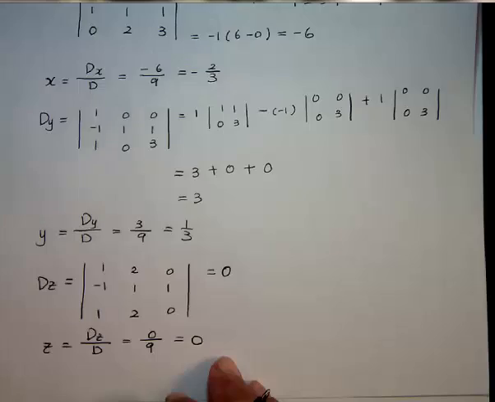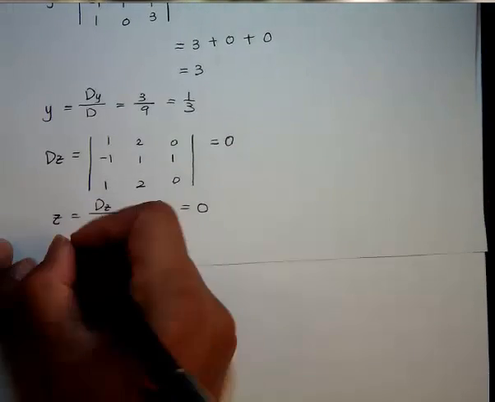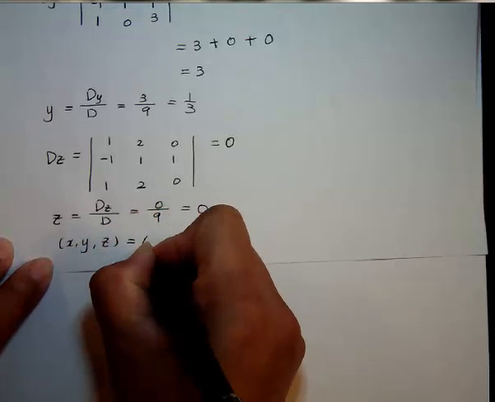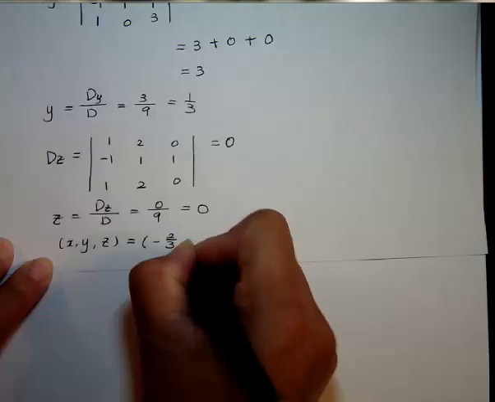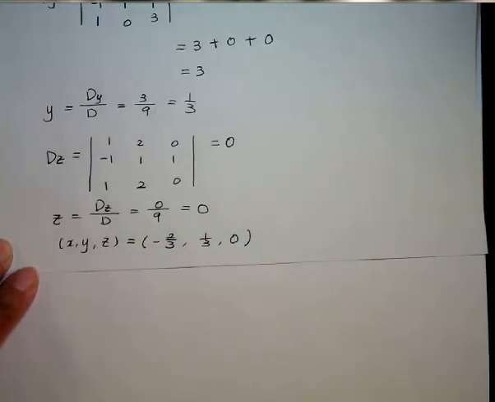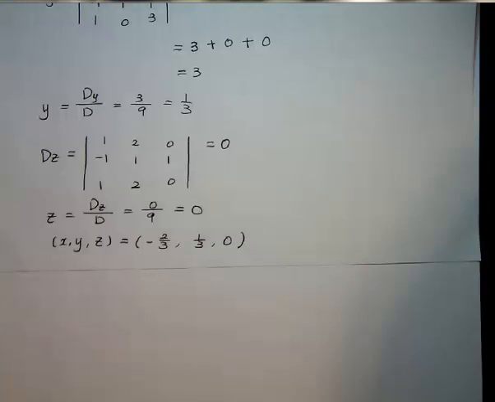And the proposed solution will be x, y, z equals negative 2/3, 1/3, and 0. You can check your solution by plugging into the equations. You find out they're all correct.